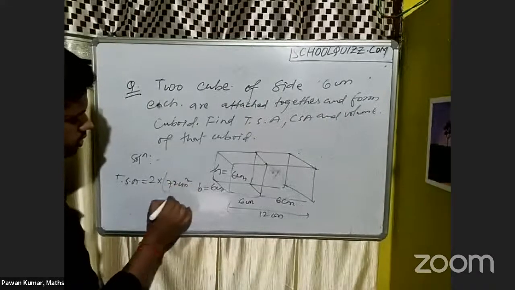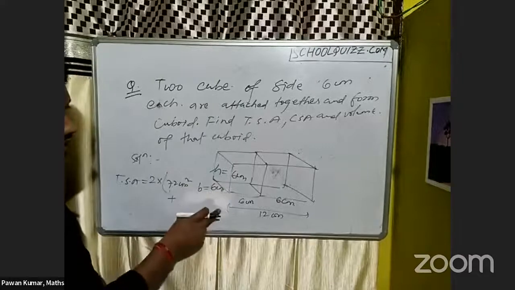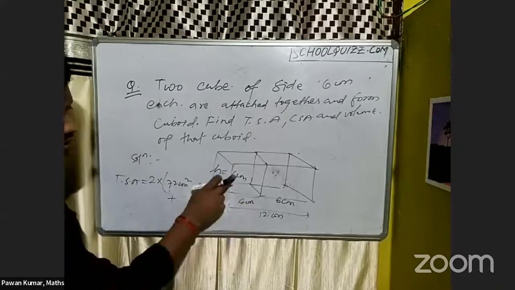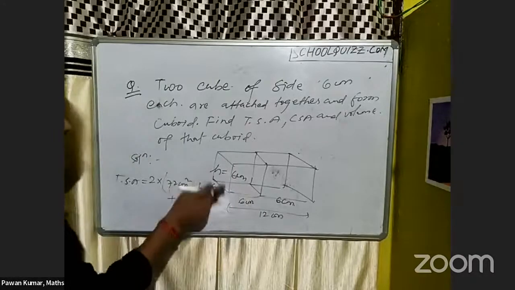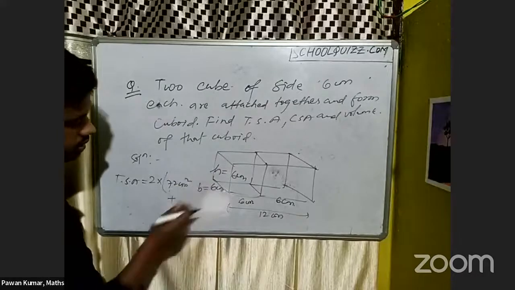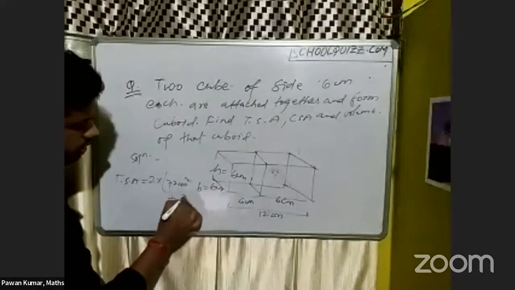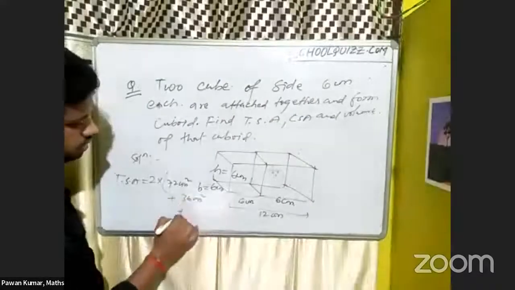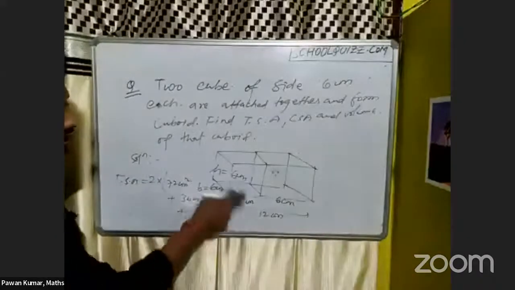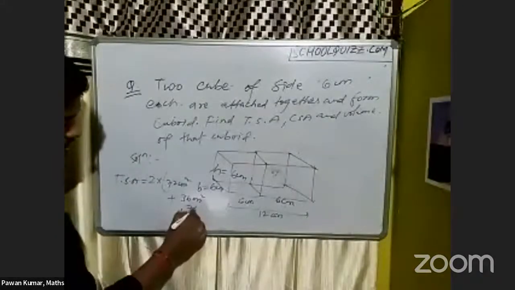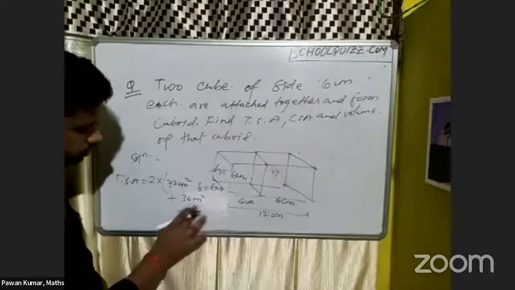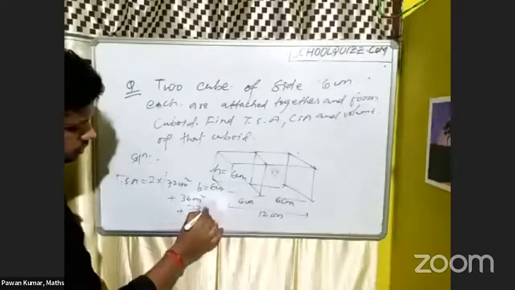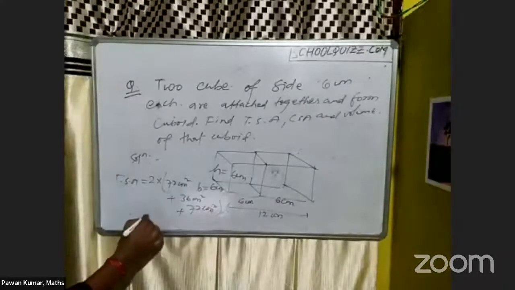Okay, plus again BH is also the same because breadth is 6 and this is 6, so 36 centimeter square. Plus HL is nothing but 6 into 12, which means 72 centimeter square. Correct?